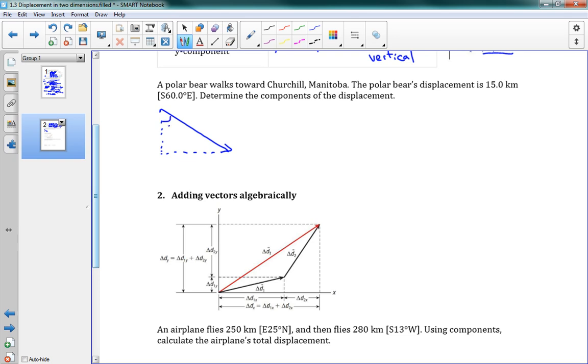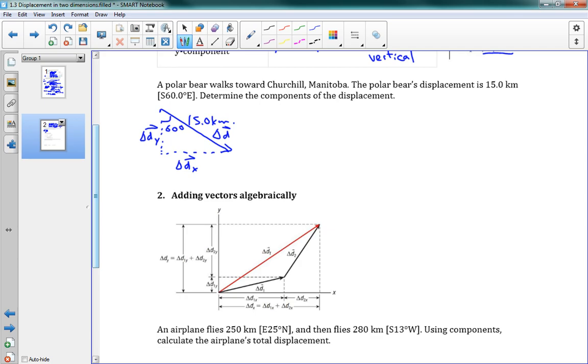Here we have 60 degrees, and we're told that this is 15 kilometers. Okay, we want to determine the components. So this is the total displacement, and this is the x component, and this is the y component.